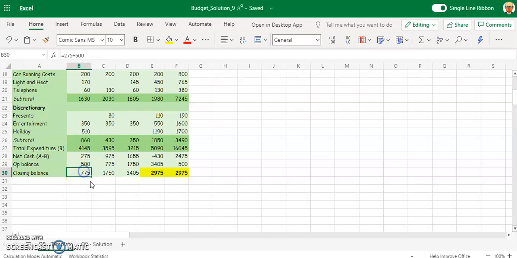So if you finish January with 775, to start February, you're going to have the same amount. And that's the third part, the net cash, and how to finish off and answer a household budget question.